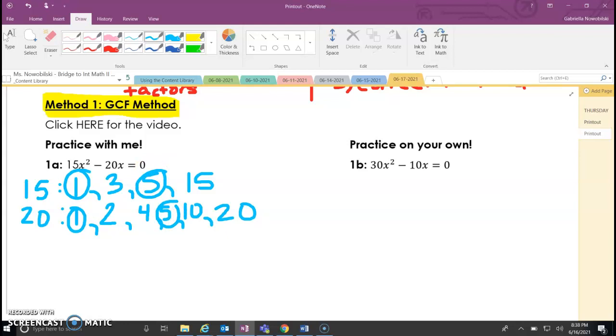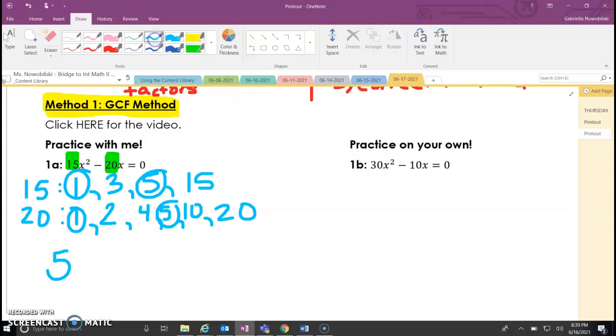So the very first thing I do is write a 5 out in front. You start with your greatest common factor. I pulled out a 5. So technically what you're doing is you're taking a 5 out of the number 15 and out of the number 20. If I take 5 out of the number 15, it's like 15 divided by 5.